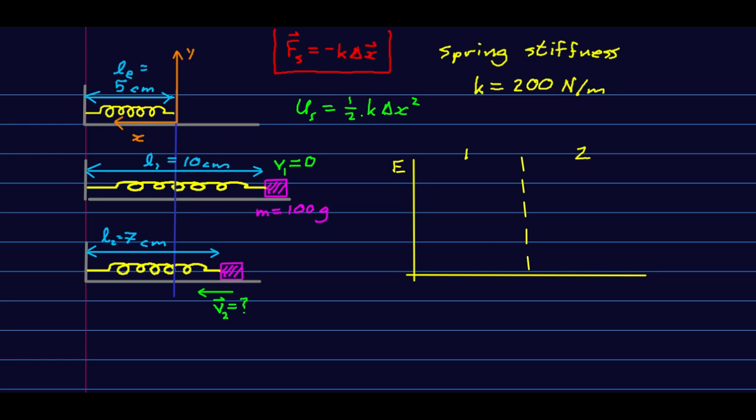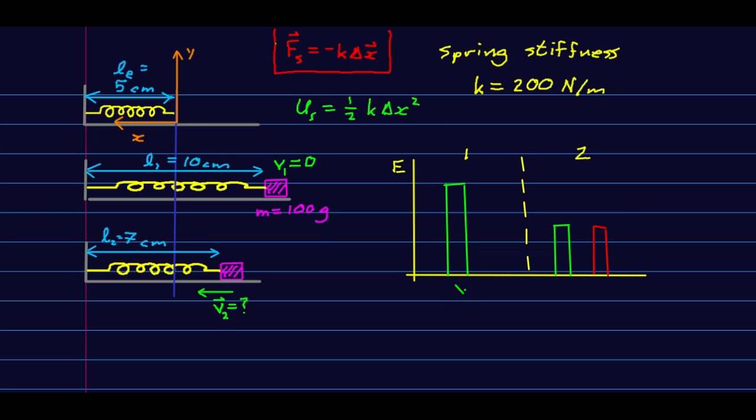So let's return to this example we were looking at. We can now solve it using energy. Initially, when we let go of the mass, the spring is very stretched, and so we'll have some spring potential energy. Later on, as it passes through point 2 here, the spring is less stretched, so the system is going to have less spring potential energy, and now it's moving, so that mass now has kinetic energy. And so there is our energy bar chart.